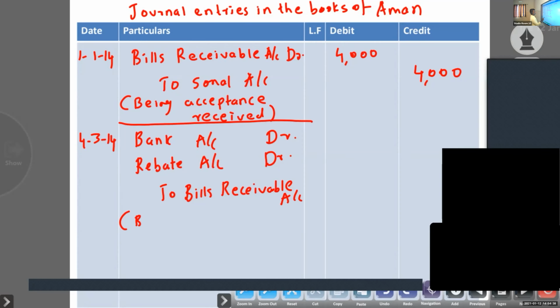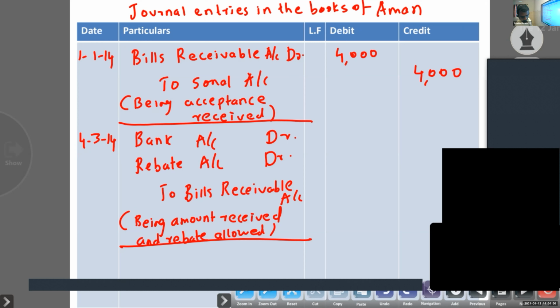Being amount received and rebate allowed.